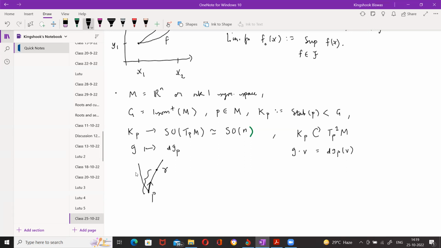Okay. And also the action of G on M is transitive, right? So this action is transitive. And the action of G on M, this action is transitive. So these two together imply that the action of G on the unit tangent bundle is transitive, right?